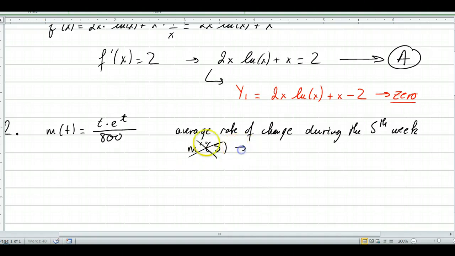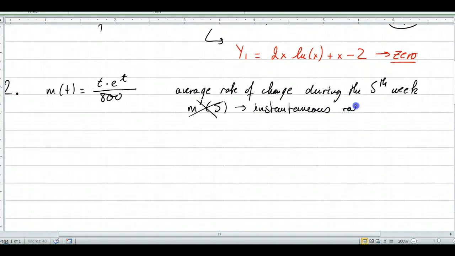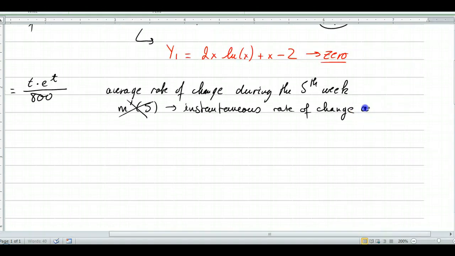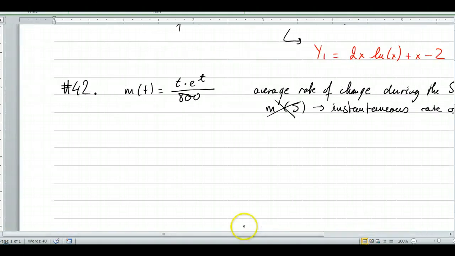Why? Because that's not the average, this is the instantaneous rate of change at week 5. It's not during the 5th week, it's at week 5. So you cannot do that.